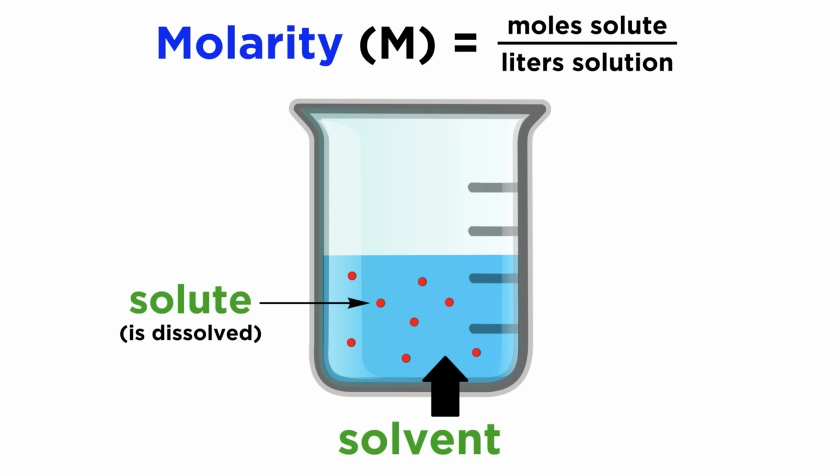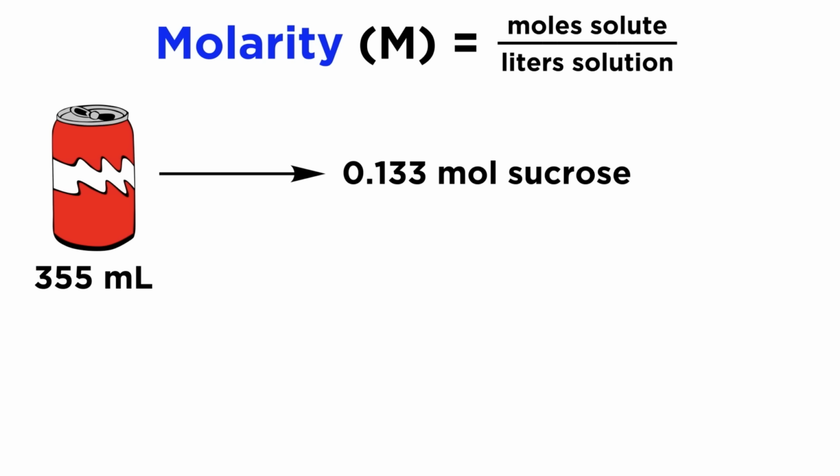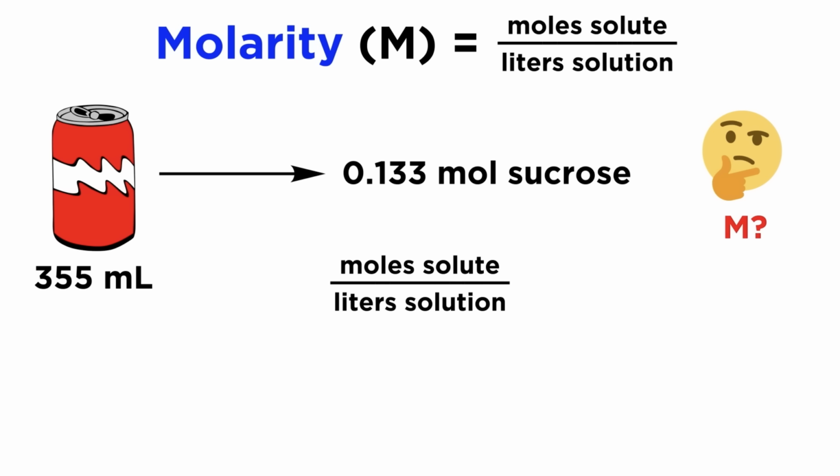volume of the solution. For example, let's say that a 355 milliliter soft drink contains 0.133 moles of sucrose, or table sugar. What is the molar concentration of sugar in the soft drink? Well, as we said, molarity is defined as moles solute per liter of solution, so let's plug the numbers in. 0.133 moles goes on the top because that's how much solute we have.